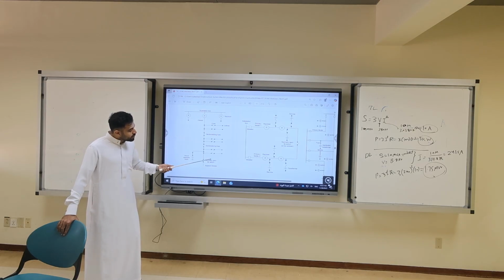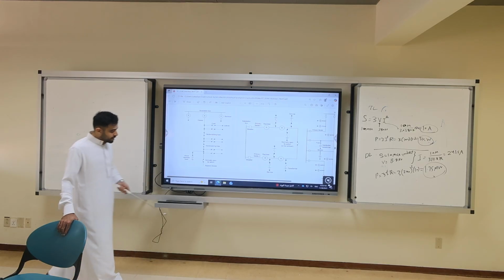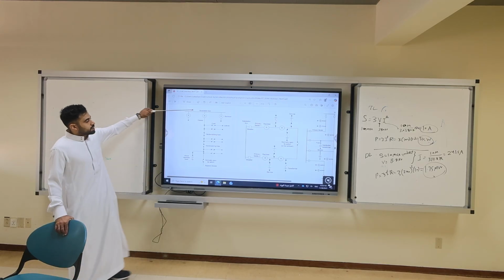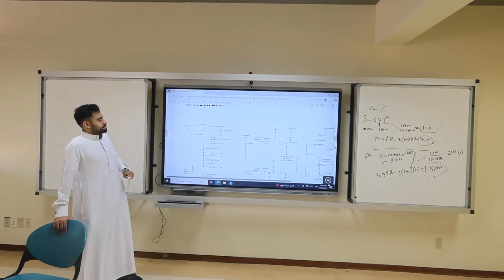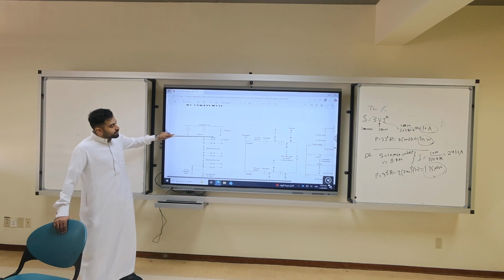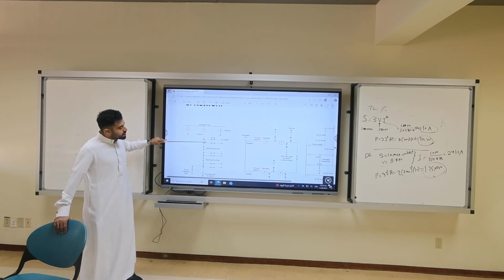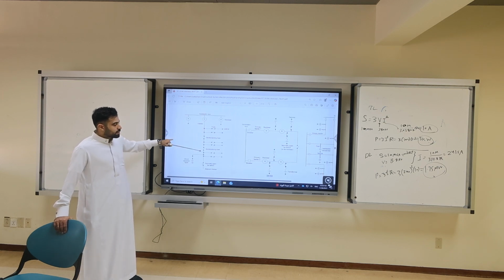It ends with normally open switch, tie switch. Here adjacent feeder, another feeder. Maybe this from another substation. So here we have a substation. We have the feeder. Then we have lateral feeders. Those are usually single phase or can be three phase.